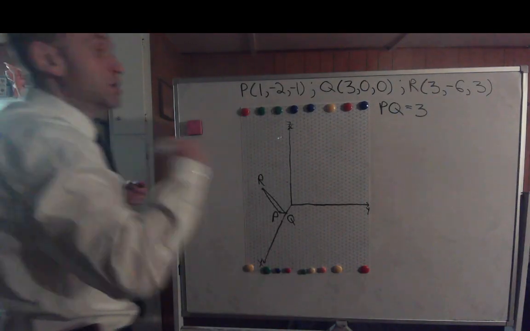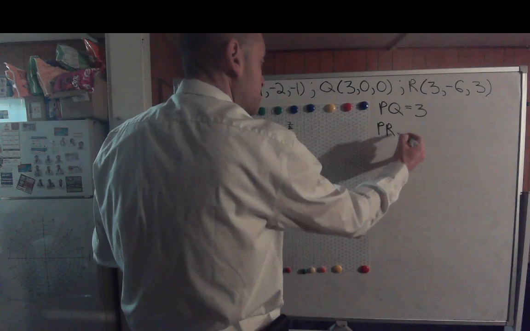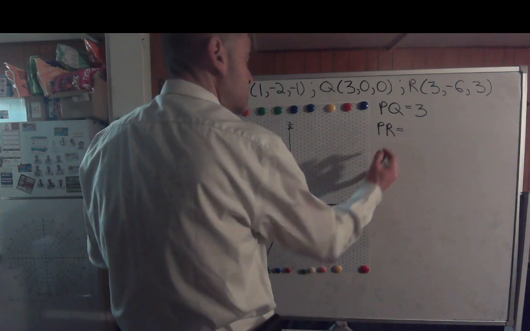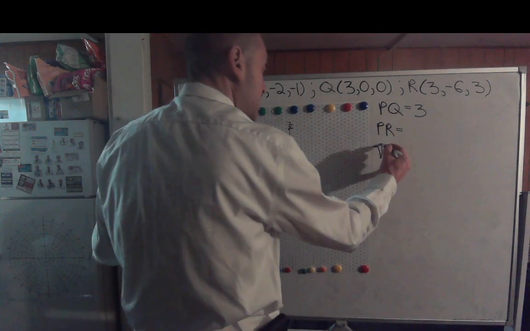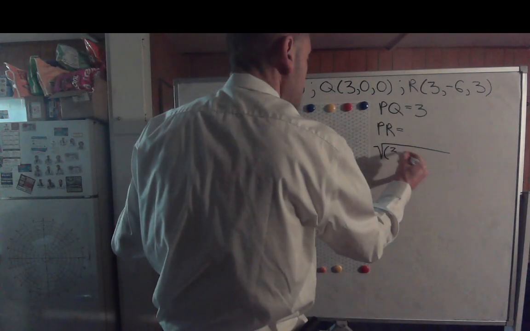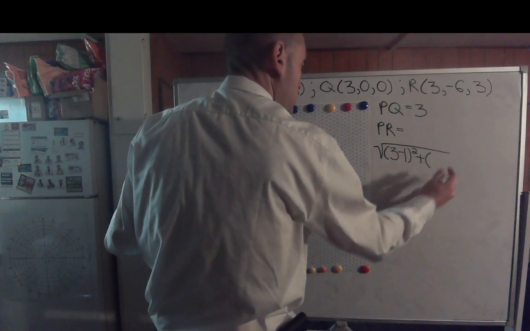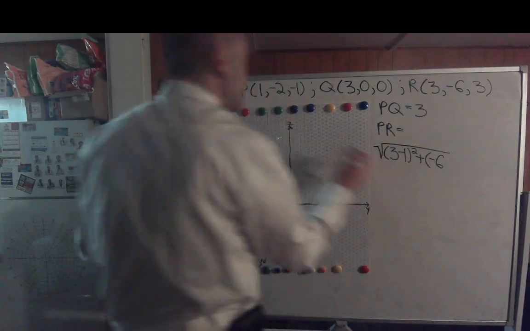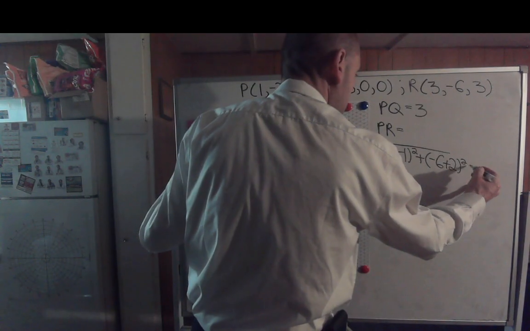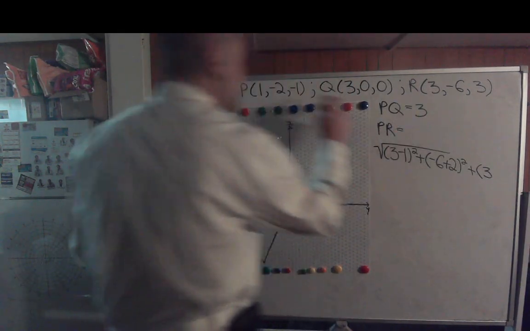Let's find PR. It doesn't matter which order we go in. So PR is going to be the square root of, we're going to take the distance, so x2 is 3 minus our x1 of 1 quantity squared, plus our y2 of negative 6 minus our y1 of negative 2, so that would be negative 6 plus 2 quantity squared, plus the z2, which is 3, minus your z1, which is negative 1.